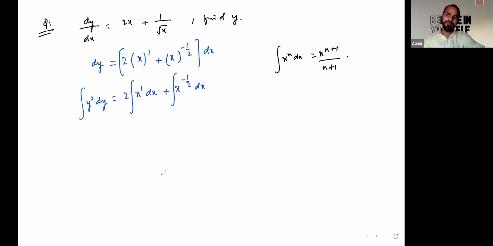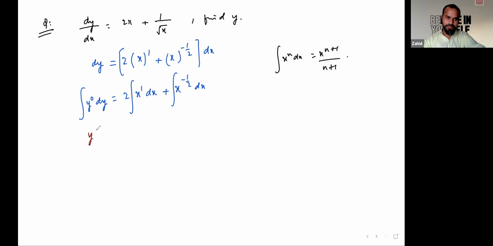Should I solve? Just see. Here, y raised to the power 0. So I can compare this particular part in this particular way.